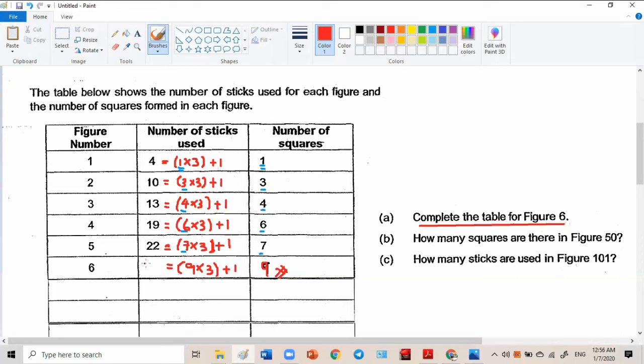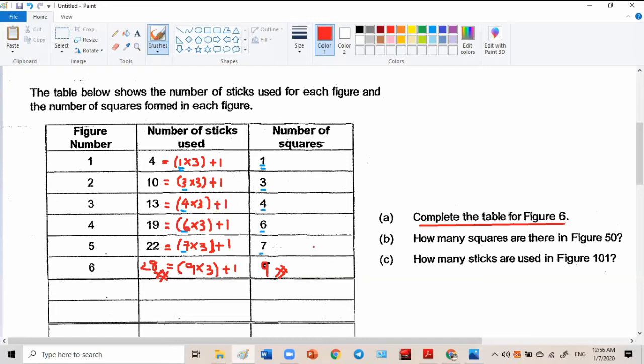So the answer is 28. I have filled up the table for figure 6, whereby there are 9 squares and 28 sticks.